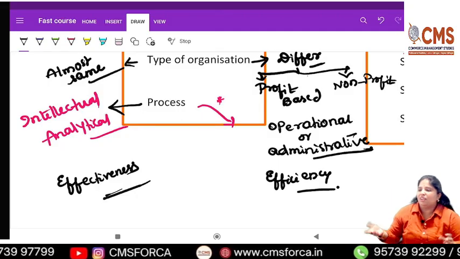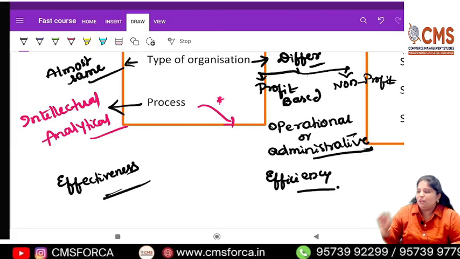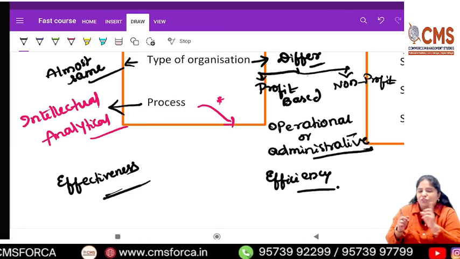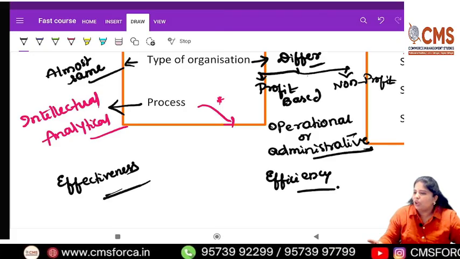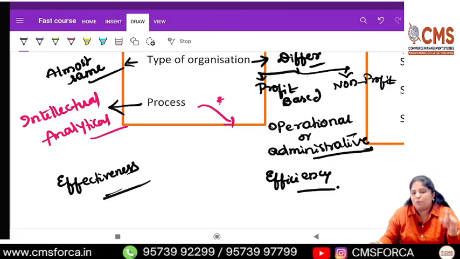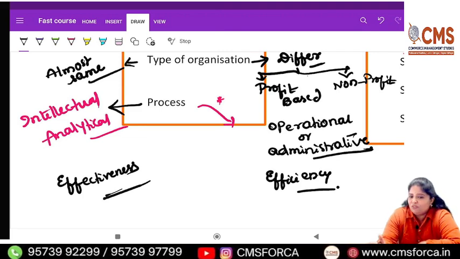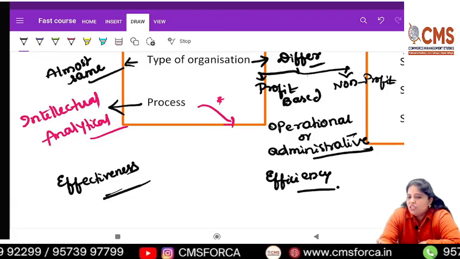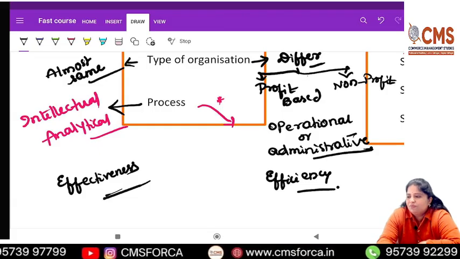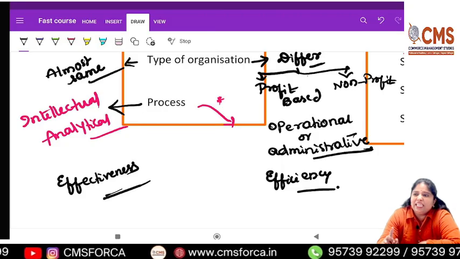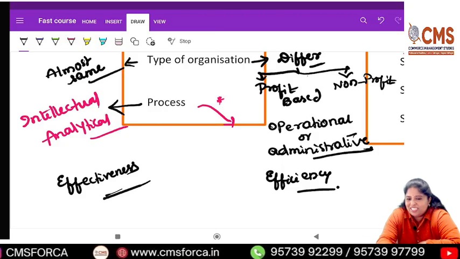Basically, to help you understand in a better way, it focuses on how input converts into output. Effectiveness always has a long-term perspective. Efficiency goes with a short-term perspective. Effectiveness relates to formulation of strategies.